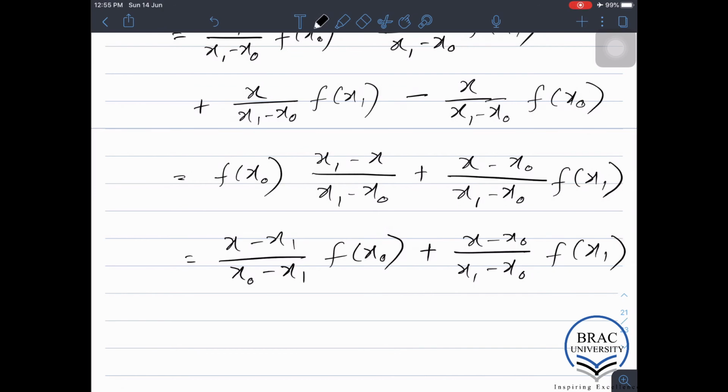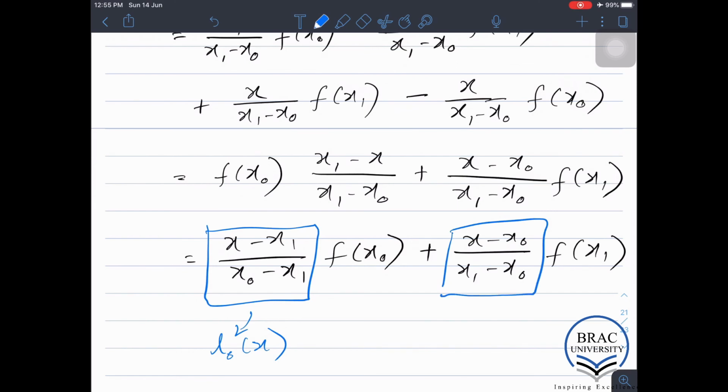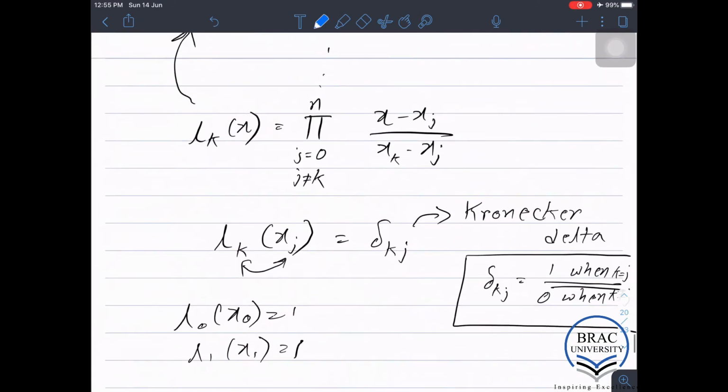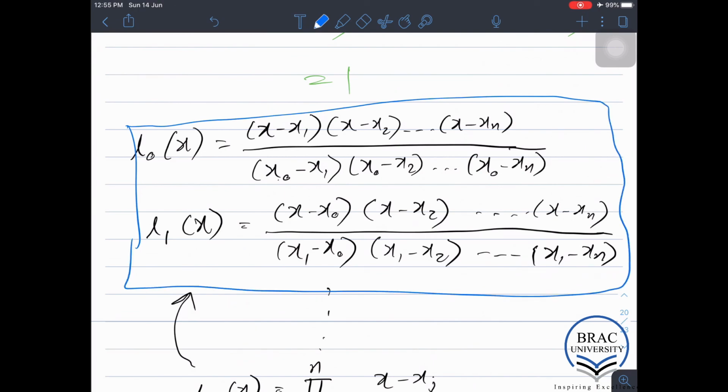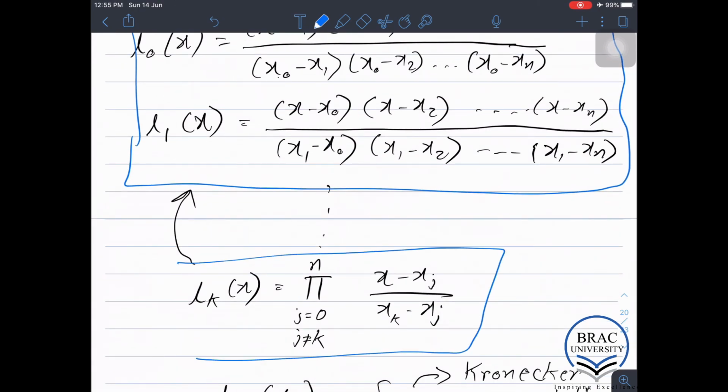All right, and this is nothing but my L0 of x, and this is nothing but my L1 of x, and this exactly matches with our formula here, or the most general one here.